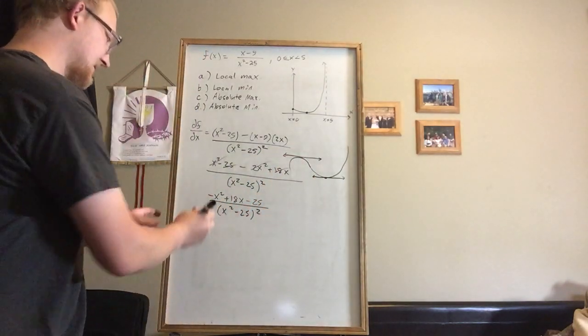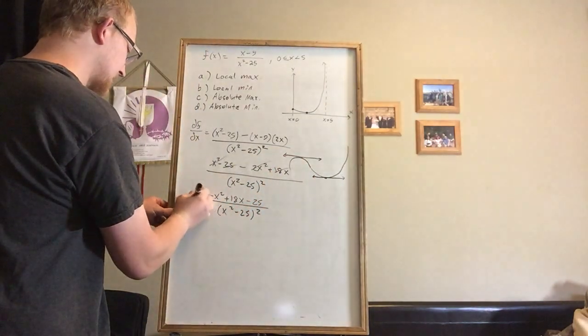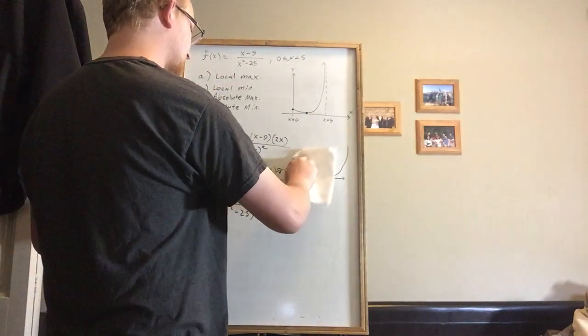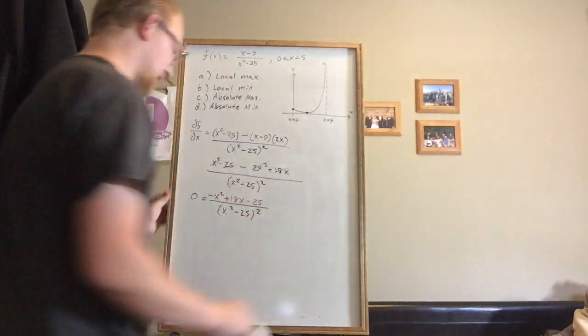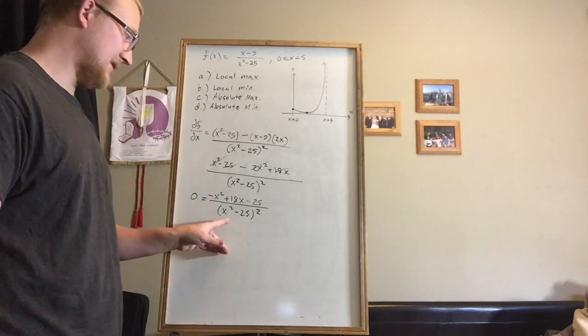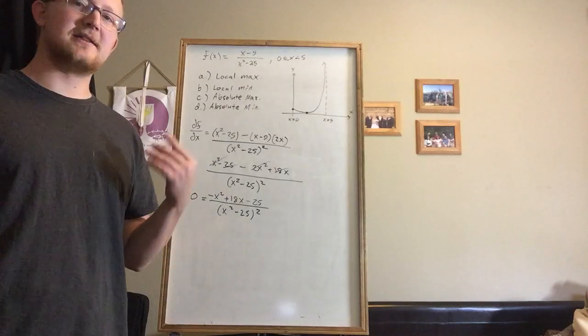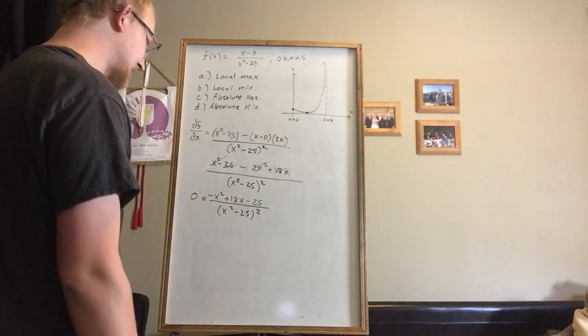And so we're going to set this equal to 0 to find our critical points. And then it's going to be a little bit of algebra. The great thing about this denominator is we don't really have to deal with it. We can multiply it over to this side, and the 0 eliminates it, which is nice.